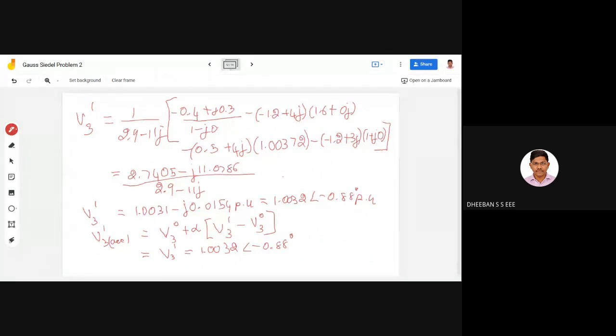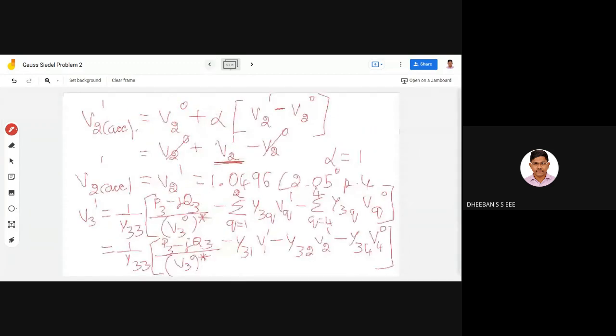After substituting, you have to know the value of V2 dash for this parameter, and this is found from your previous step. Similarly, as you progress through the various buses, you have to consider the value of the previous bus.